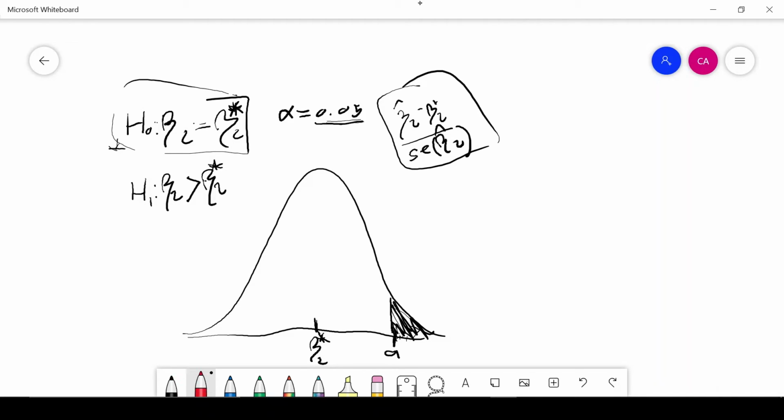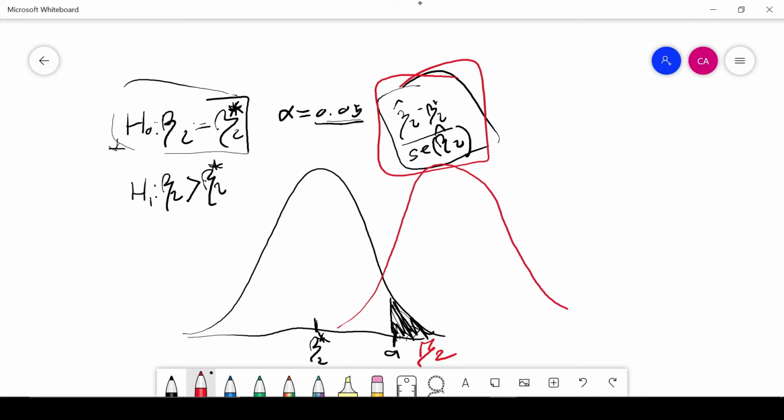Now, what if the null hypothesis is untrue and beta 2 is in fact larger than beta 2 star? In that case, the true beta 2 is going to lie somewhere to the right. Right, let's just put it here for argument's sake. And the sampling distribution of this statistic is going to lie somewhere to the right as well.